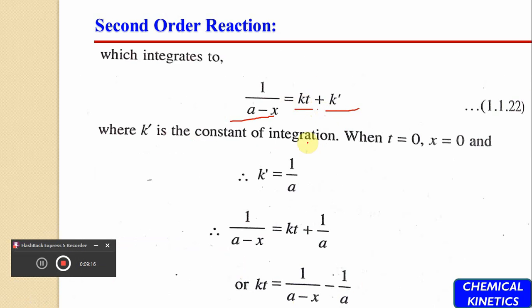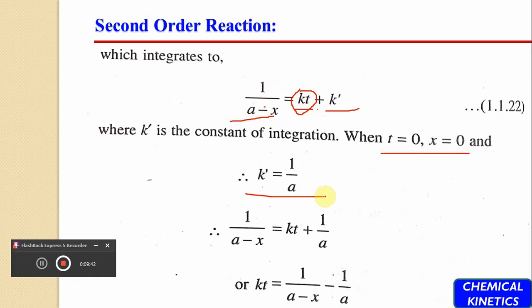In order to find the value of the constant of integration, we put in the time and concentration: at time t equal to 0, the concentration x will also be 0. So this term will be 0, and x will be 0, so a minus 0 will be only a, giving 1 upon a.